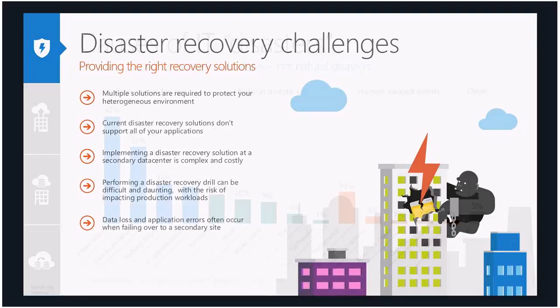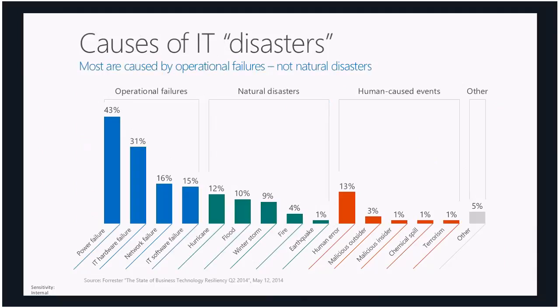It's interesting that the main cause of IT quote-unquote disasters are mostly operational type failures, not actual natural disasters that we're used to, like flooding and earthquakes and things of that nature. Things like power failures in the data center, or maybe some hardware issues that cascade and cause other systems to fail.